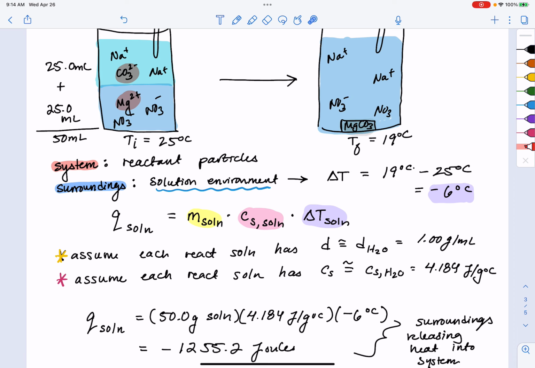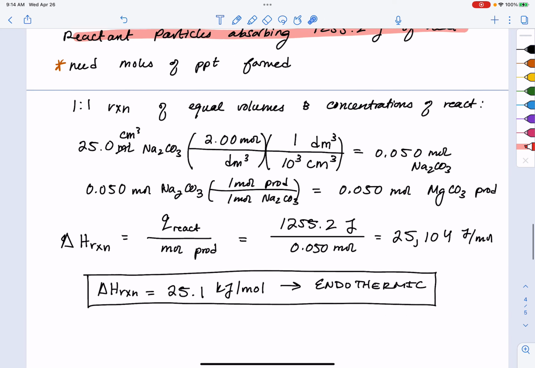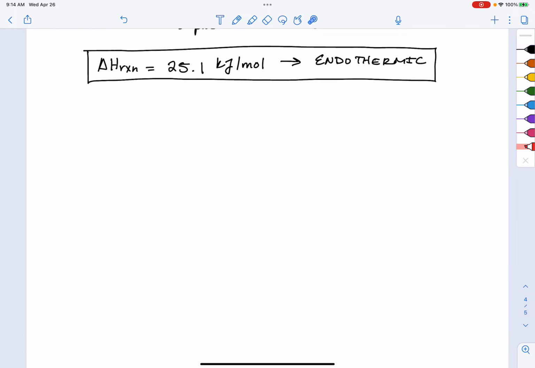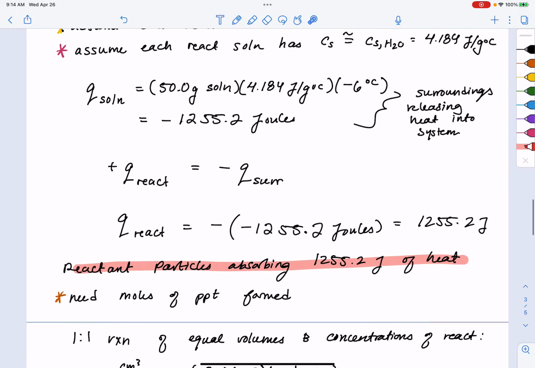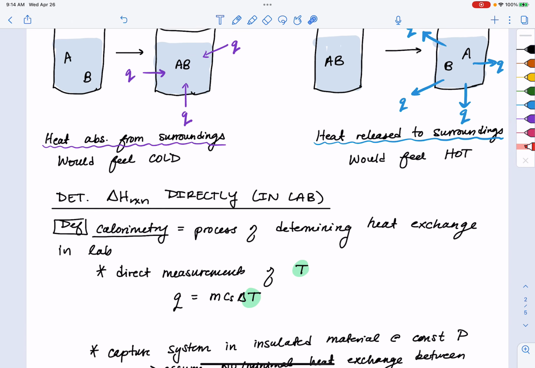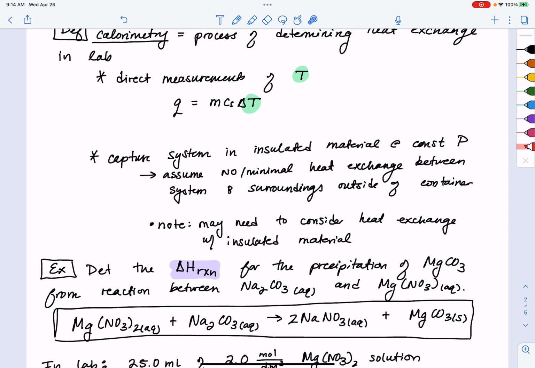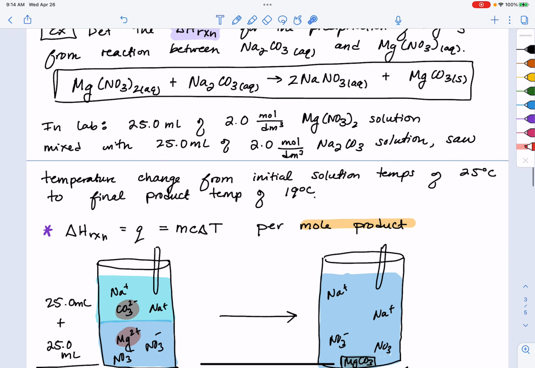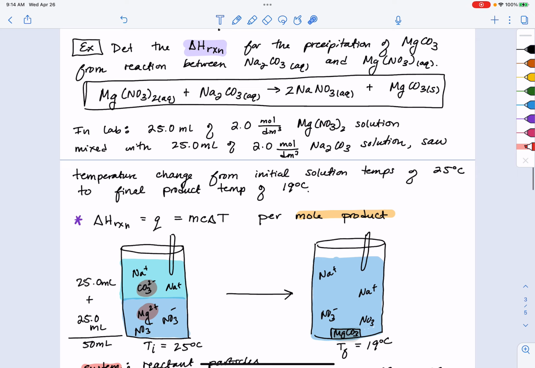Since that reactant particle system required energy, it absorbed energy, that is an endothermic reaction. So this is how we can determine the heat of reaction empirically, or directly, by using calorimetry. We're going to be doing this a lot, so if this seemed like a big example, it's because it is, but also it's something we're going to be practicing in lab coming up in the future, so don't worry, you will get your practice in.